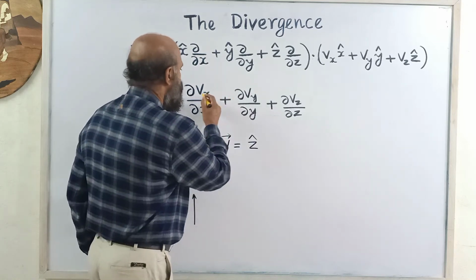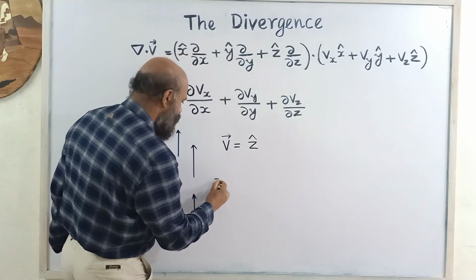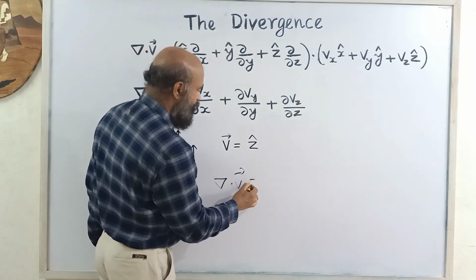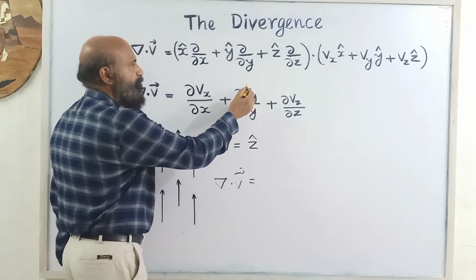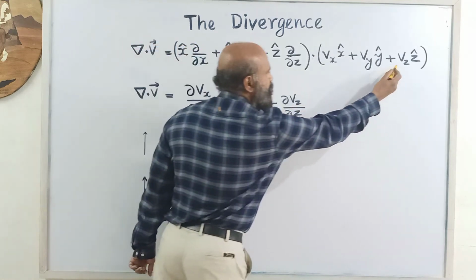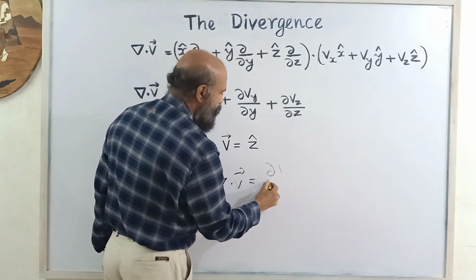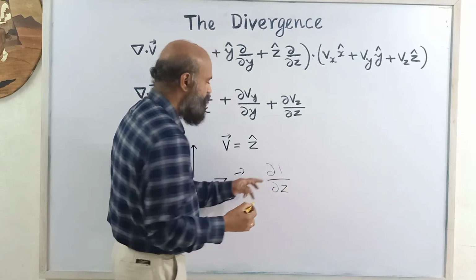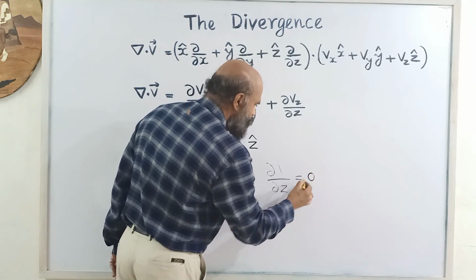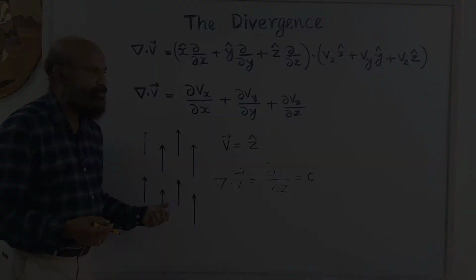So del dot V vector is equal to dou 1 by dou z. It's a constant. Differential of a constant is 0. So in this case, divergence is 0.